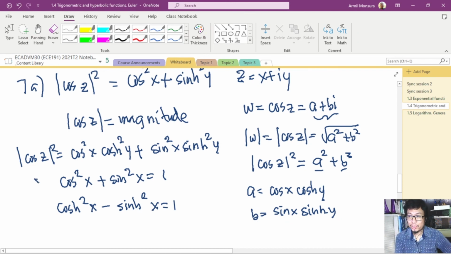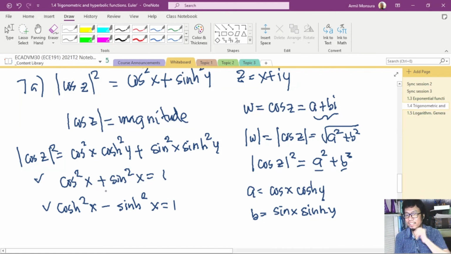So, for example, these two, although there is a difference between the signs between the terms. But there are other identities that are very similar between the trigonometric and hyperbolic functions.